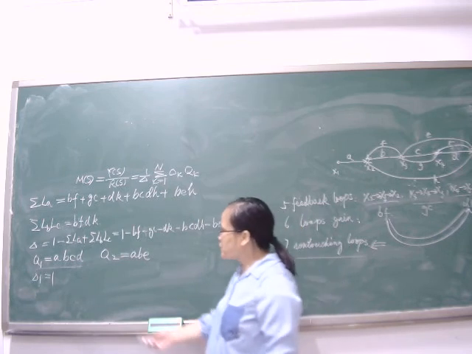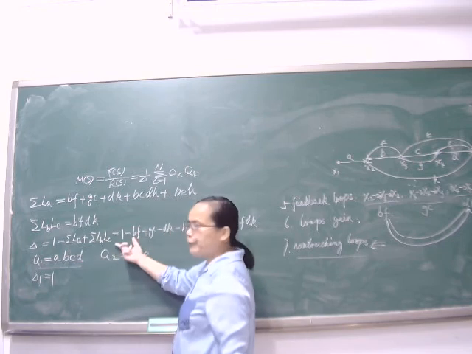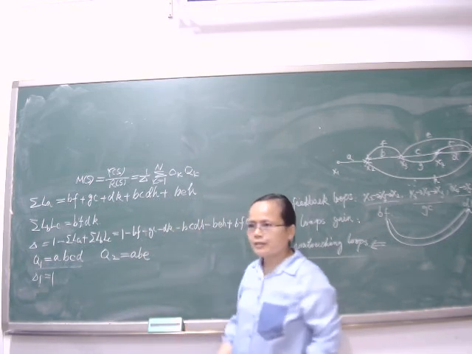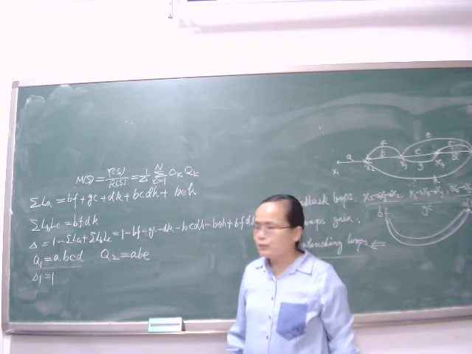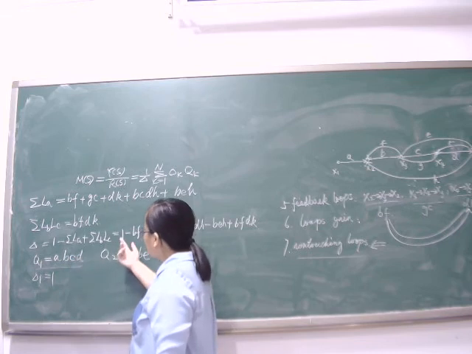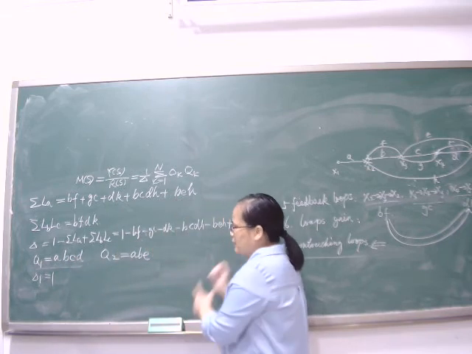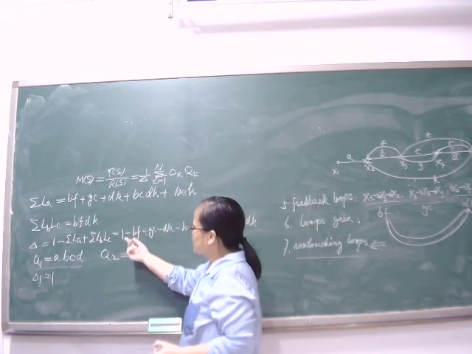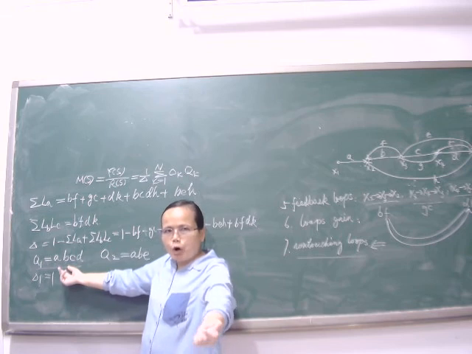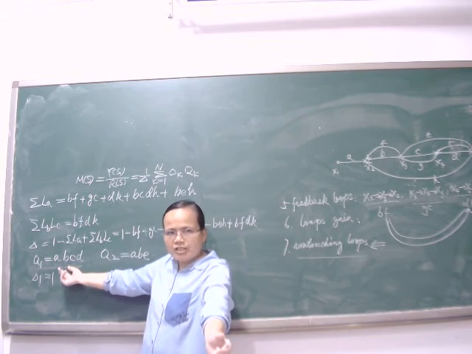It means this forward path touches all of these loops for delta 1. We should cancel the loop and forward path if they have a common node or common branch.